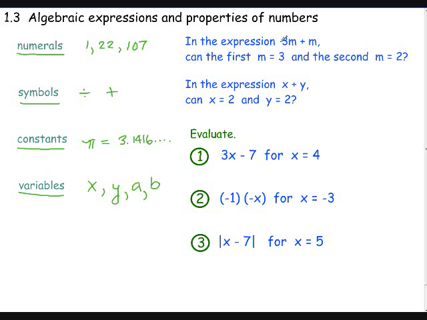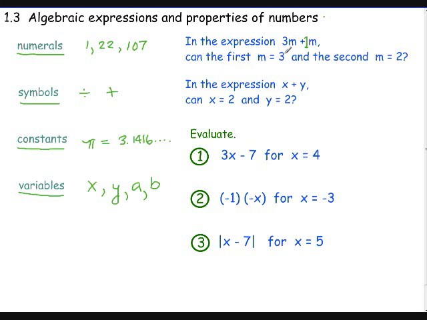All terms have a numeral coefficient. This one is 3 for this term, and what is it for this one? It's not written, but we know what it is. It's a 1. We don't usually write that out.